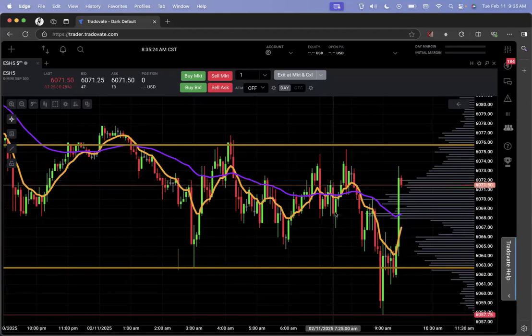You could ride all of this all the way down. And if we do go up, you've only risked 2 points. Okay? I would take a sell right here at 60.72. Setting my stop around 60.74, losing about 2 points because we could get some downside. Let's see.